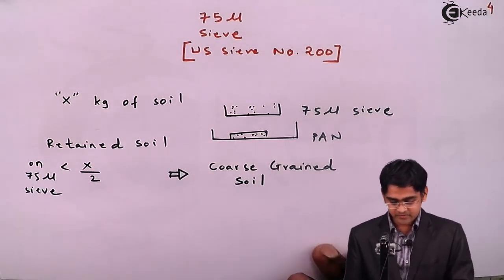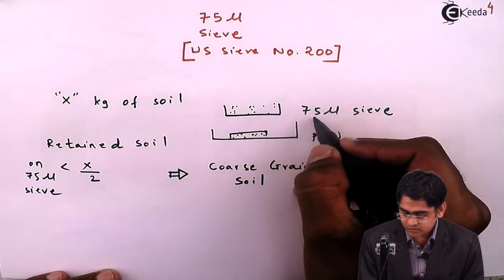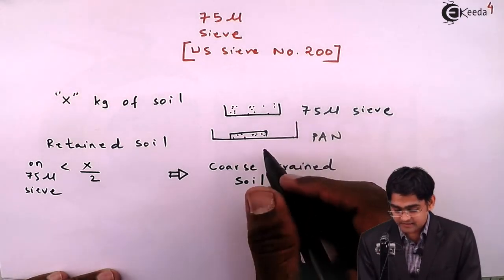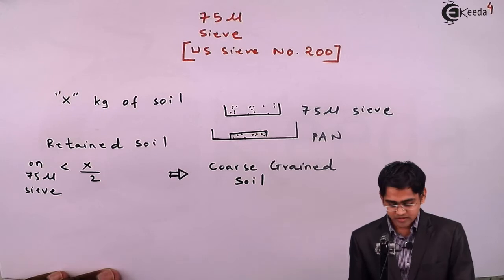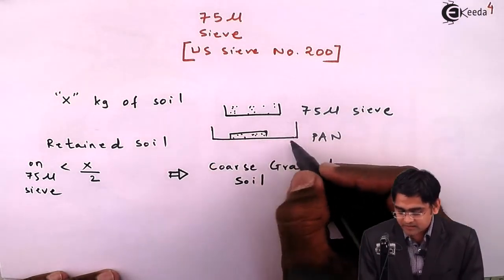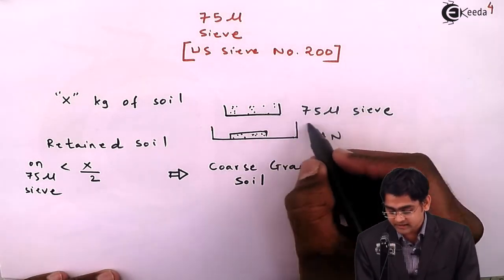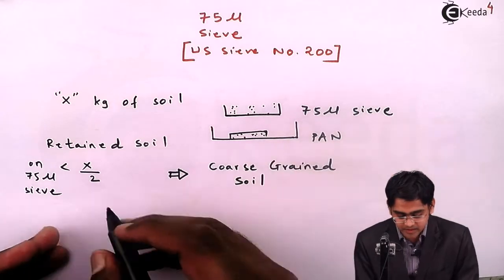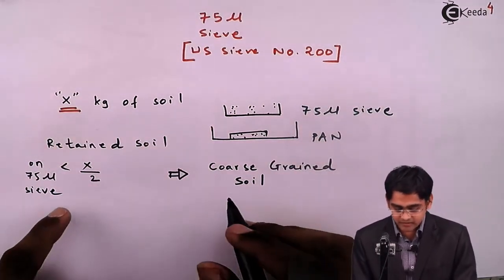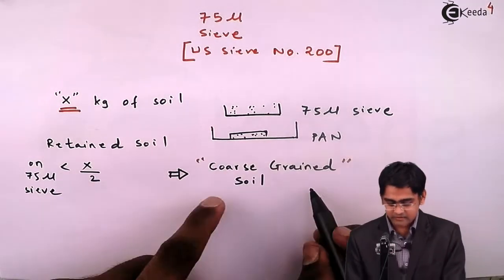In the same way, by the same definition, if the soil passing through the 75 micron sieve is less than x by 2, that means the soil collected in the pan, which is finer than 75 micron size, is less than 50% of the soil you took for sieving, then that condition also means the soil is coarse-grained.